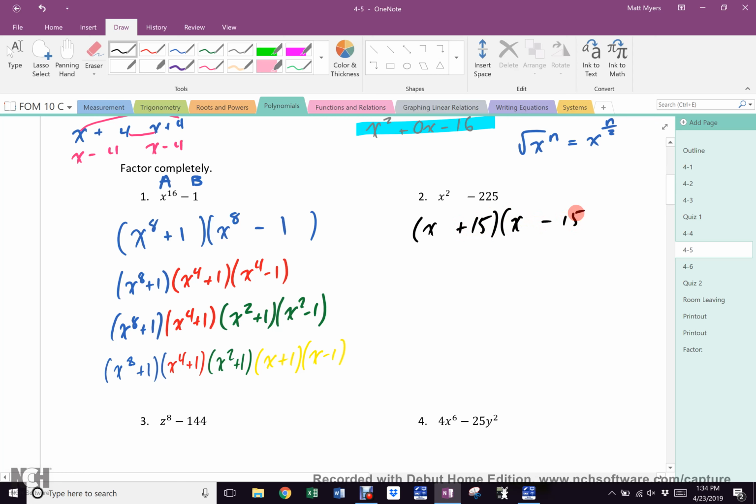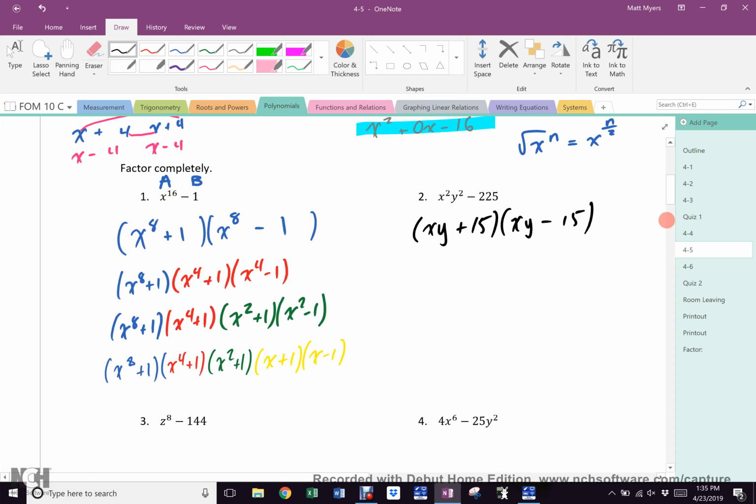Minus 15, correct? Okay. What if there was no x there? What would it be? It would be y and y. So when they're both there, what is it? That. Everybody understand? Everybody said they understood this, which means you automatically understand this, even though it looks different. Okay?